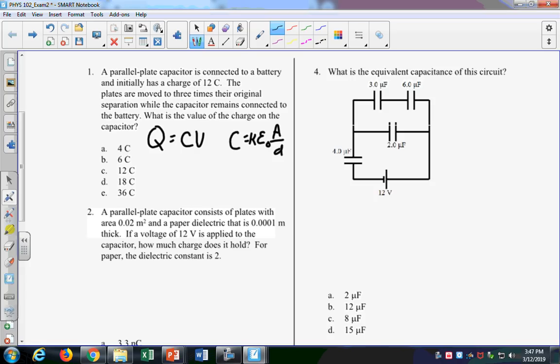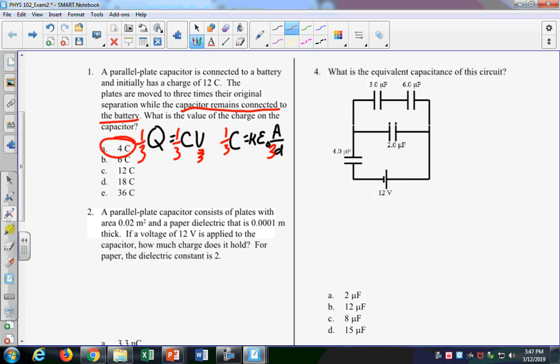And then the plates are moved to 3 times their original separation. So I'm increasing that by a factor of 3, so I'm decreasing the capacitance by a factor of a third. And what you want to be clear on here is that the capacitor remains connected to the battery. That means that this value stays constant. And if I decrease this by a factor of a third, then this is going to decrease also by a factor of a third. So whereas it had 12 coulombs, now it's going to have 4 coulombs.